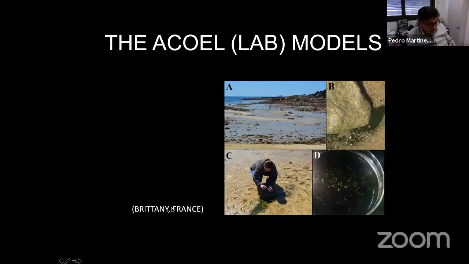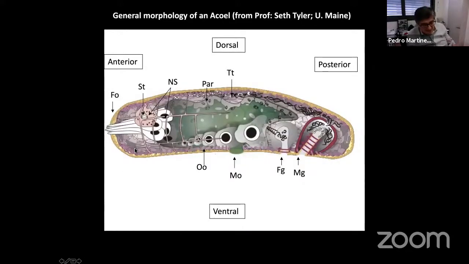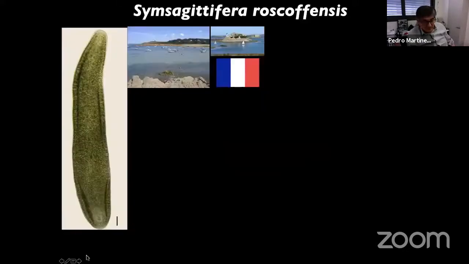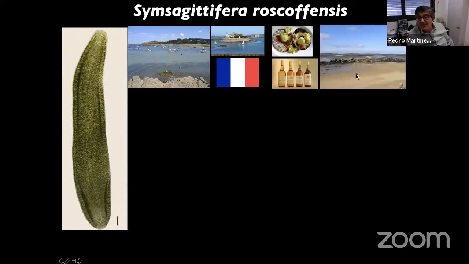The advantage of these animals is, as I told you, you can get, well, we'll skip that one because I think it's not that relevant, the general morphology of acoels. But normally they are a few millimeters long, as I told you. These animals can be found at low tide in many areas in Brittany.